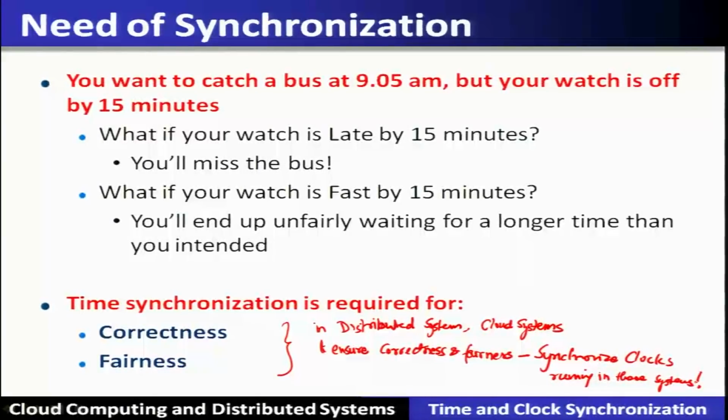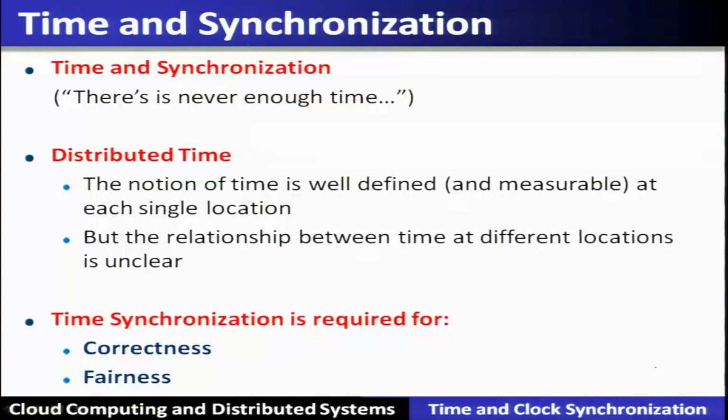Now, the question is how this particular synchronization is to be done in such a system. Synchronization of a clock in a single system is quite trivial, but if there is a distributed system and a cloud computing system where the time is distributed, then the synchronization of the clocks to have a consistent distributed timing at all different locations is non-trivial, it is very difficult.